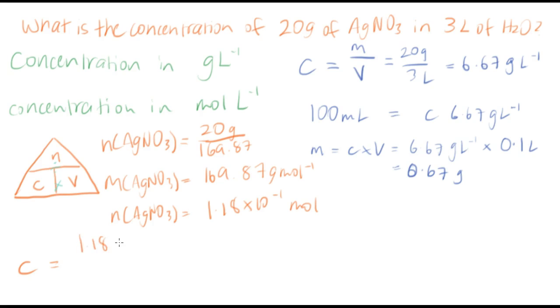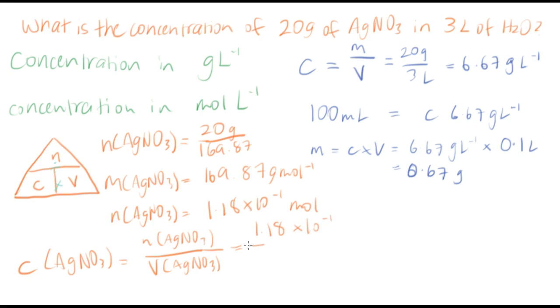The concentration of our silver nitrate is the number of moles of silver nitrate divided by the volume of the silver nitrate solution, which is 1.18 by 10 to the negative 1 divided by 3 liters.